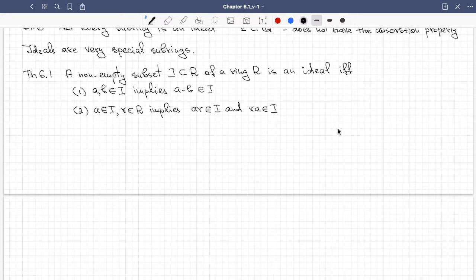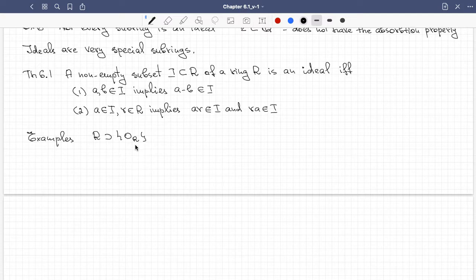Here is an example. Let me start with trivial examples. A ring R, any ring R, contains the subset which has nothing but zero element. Every ring has a zero element. This is a subset of one element. It is a subring.